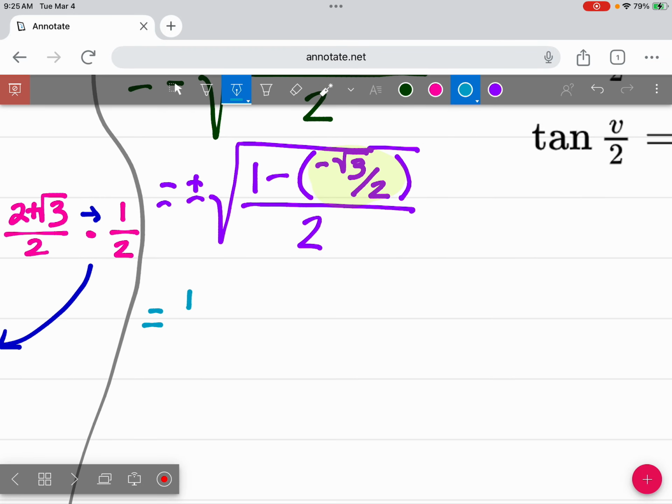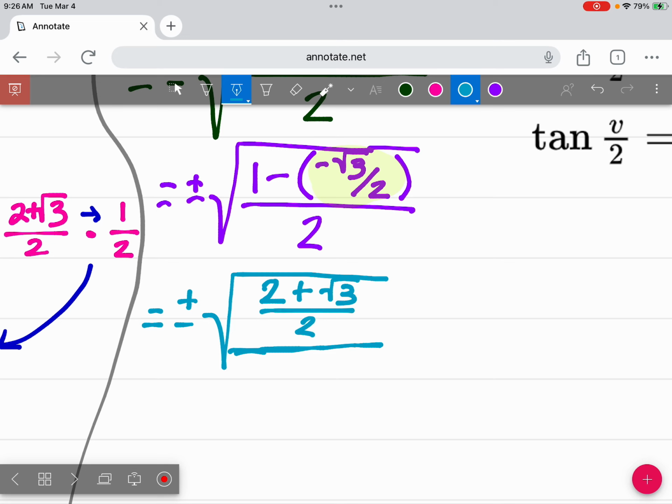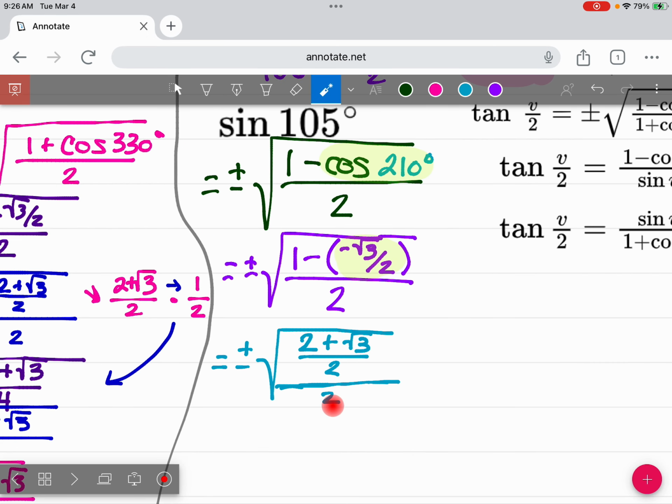So we're going to have our plus or minus square root. Yes, and we can get to our common denominator here with our 2 plus root 3 over 2, all over 2. So this one became from common denominatoring these guys, simplifying this numerator, our 1 minus square root of 3 over 2.